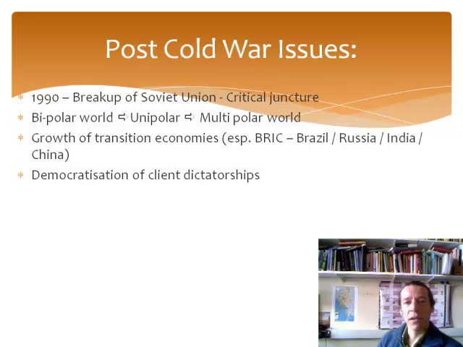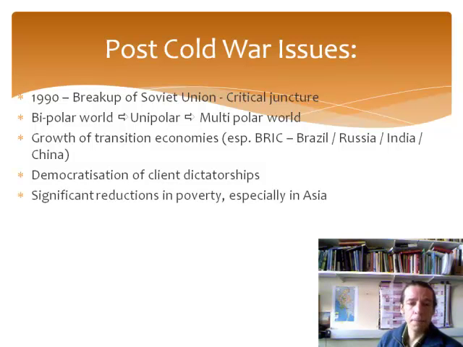We've also seen a democratization of the dictatorships which were clients in the Cold War system. Also, since the 90s, we've seen remarkable reductions in poverty in some areas, particularly in Asia. Some Asian economies have grown incredibly fast and have been able to reduce poverty very significantly.